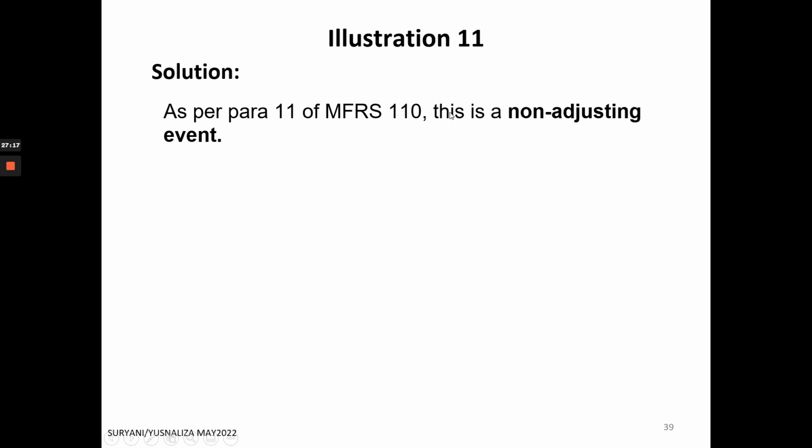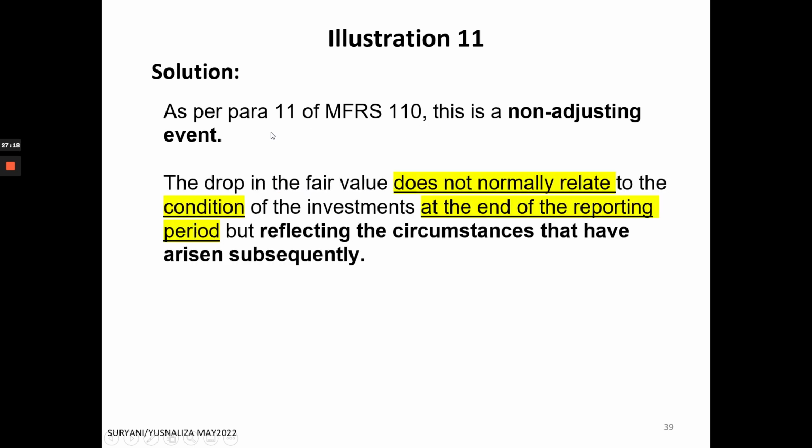This was mentioned as a non-adjusting event where there is a decline in the fair value of the investment, since this does not normally relate to the condition of the investment. The standard prescribes that the decline in fair value does not relate to a condition that existed at the end of the reporting period.